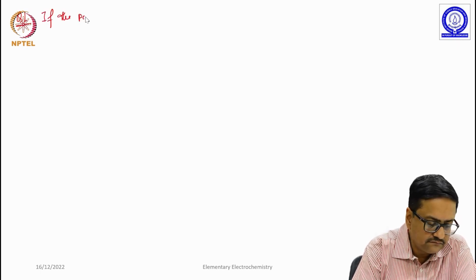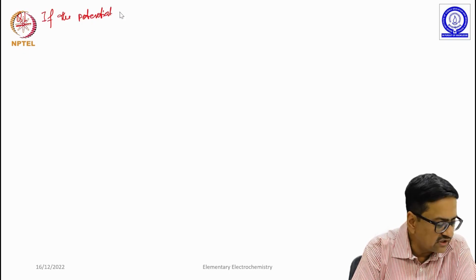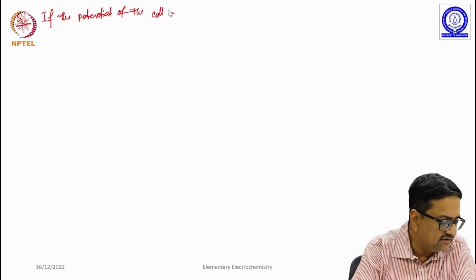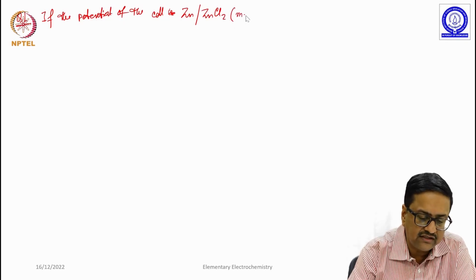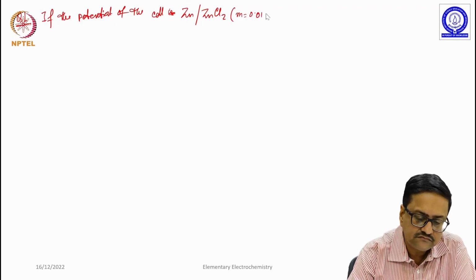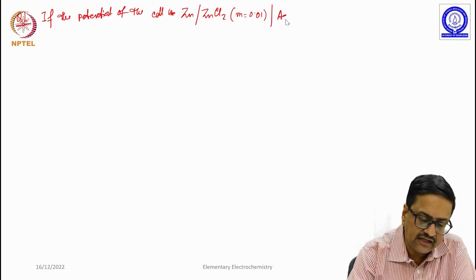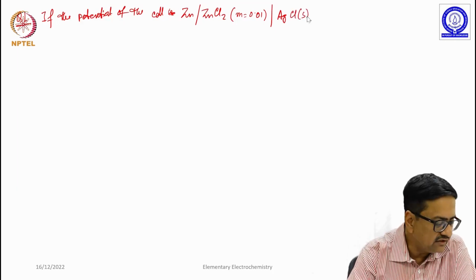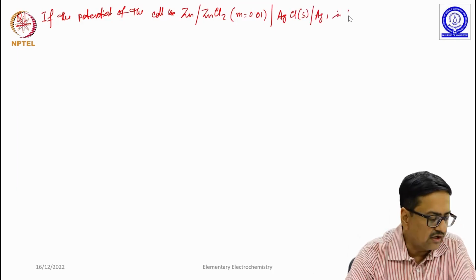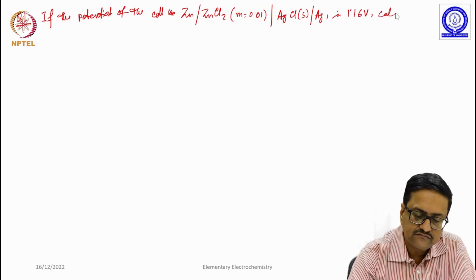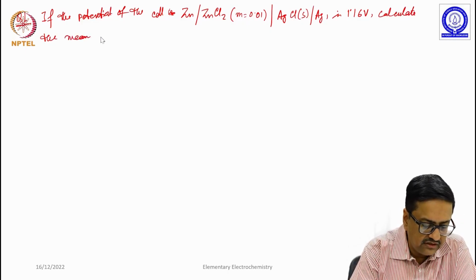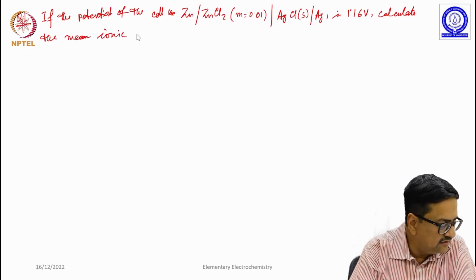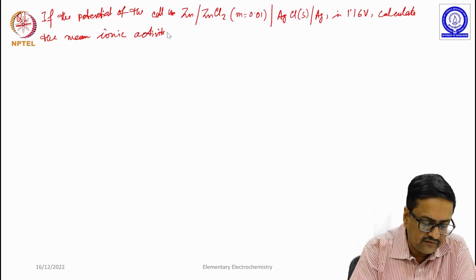If the potential of the cell ZnCl2 with molality 0.01 in connection with AgCl solid with Ag as electrode is 1.16 volts, then calculate the mean ionic activity of ZnCl2 solution.